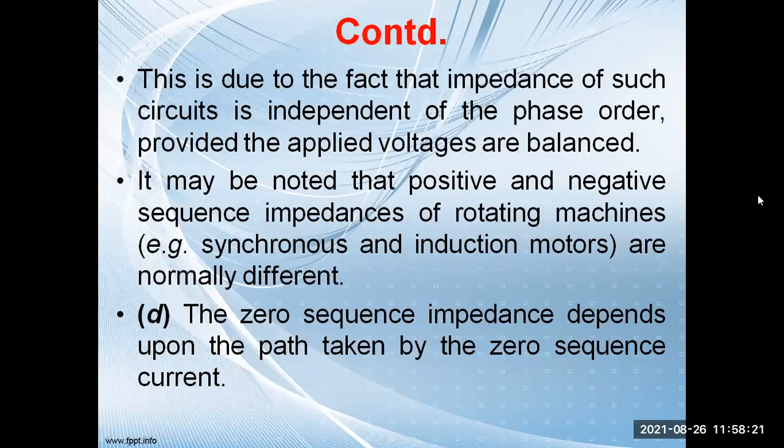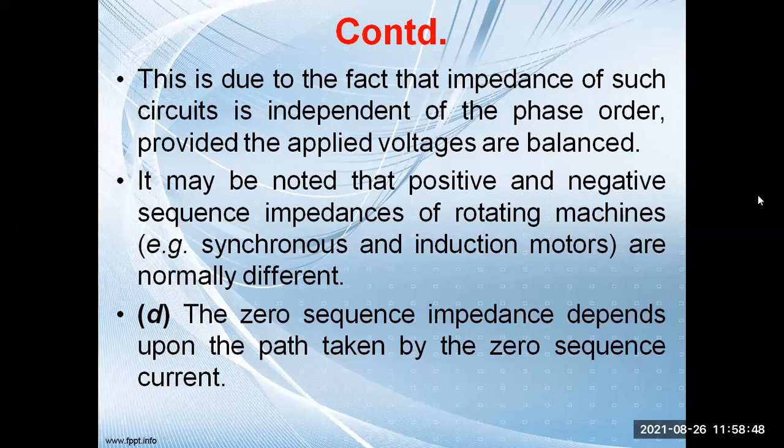This is due to the fact that the impedance of such a circuit is independent of the phase order, provided the applied voltages are balanced. So what is the reason? It is independent of the phase order because here the voltages are balanced. It may be noted that the positive and negative sequence impedances of rotating machines, maybe synchronous machines or induction machines, are normally different.